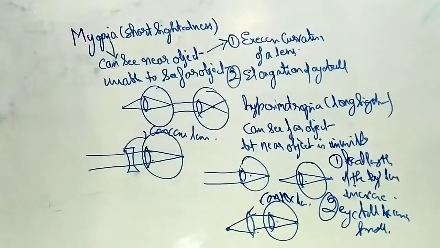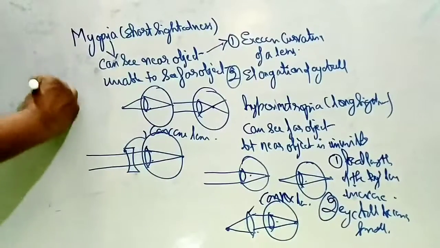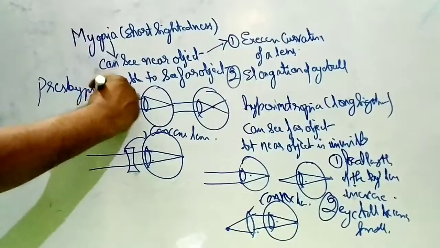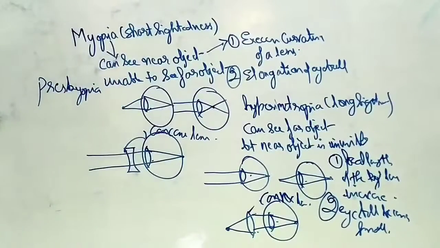Third defect is presbyopia. Now what is presbyopia? In this defect, due to the muscles in the eyes, when the power in the muscles, ciliary muscles decreases, the power of accommodation decreases.